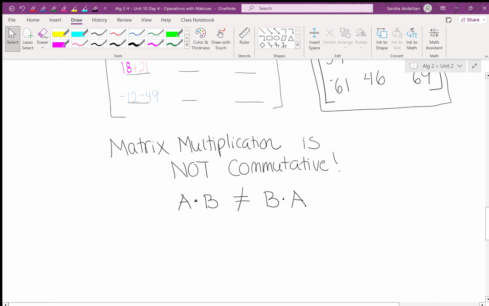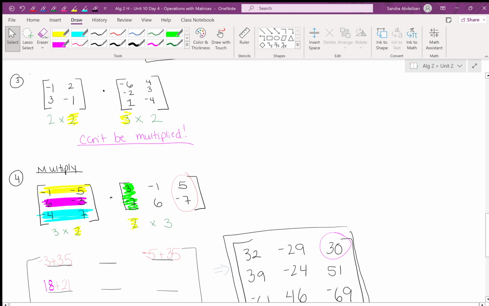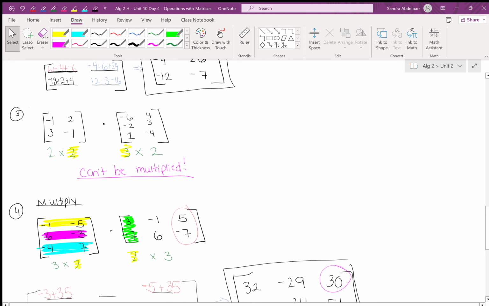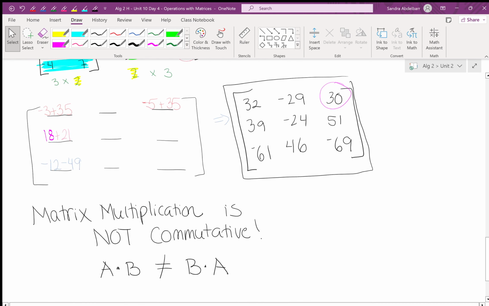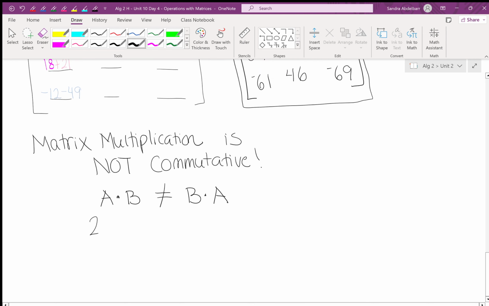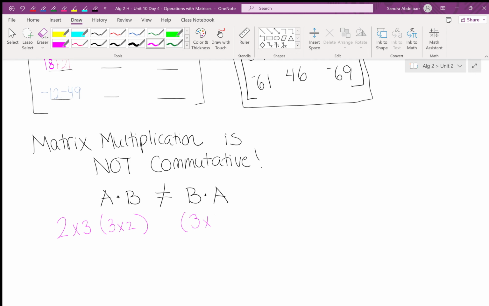If I had, or was it a perfect example? I'm not sure. What did we have? We had a 2 by 3 and a 3 by 2. Yes. So if I have a 2 by 3 times a 3 by 2, what would end up happening? If I were to switch it, I would have a 3 by 2 times a 2 by 3.